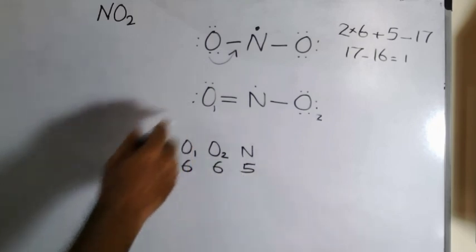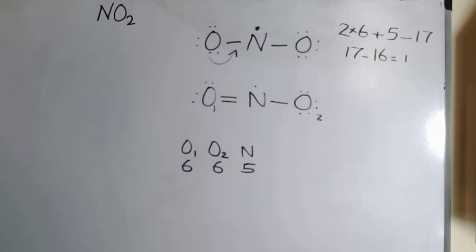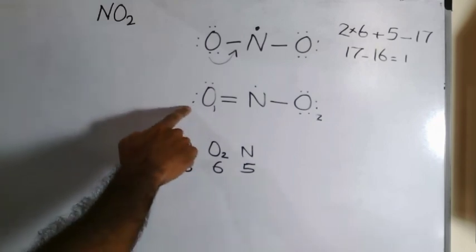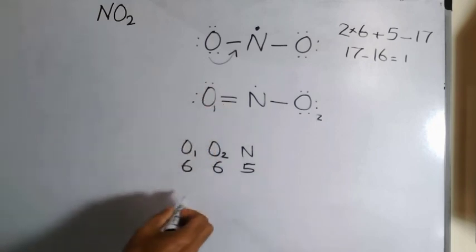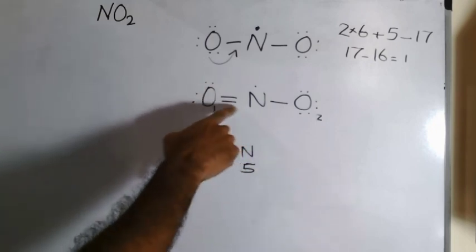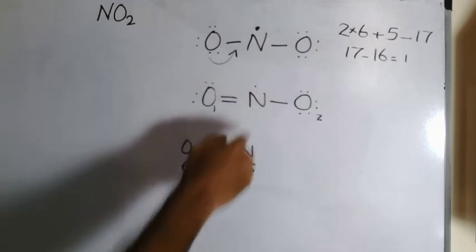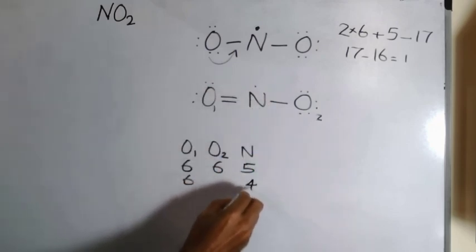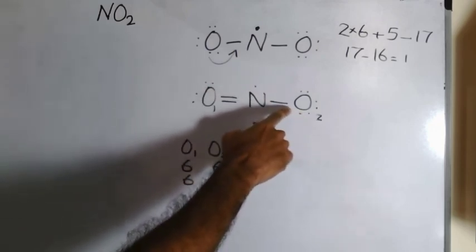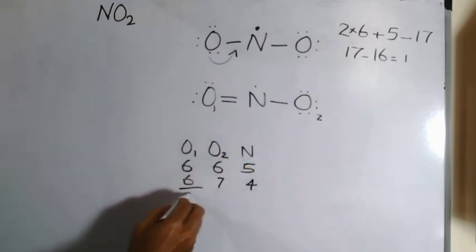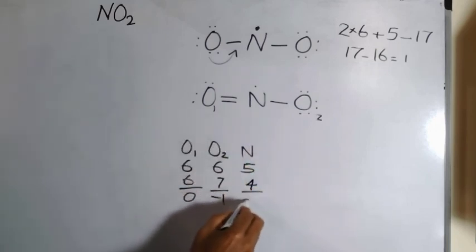Then we can count the number of electrons belonging to those individual atoms. So here 2, 2, 4, 2, 6. Here 2, 3, 4. Here 7, 11. So we can see 0, minus 1, plus 1.